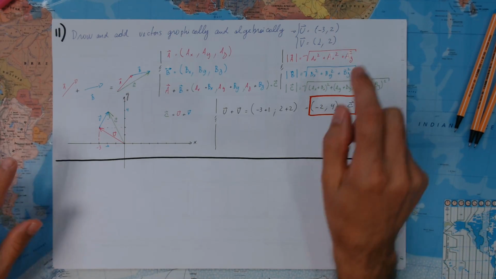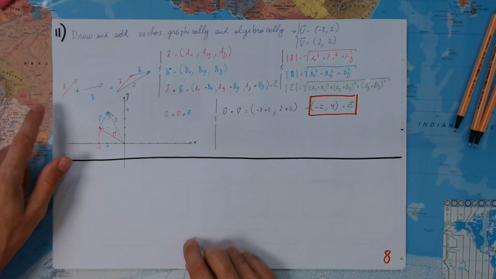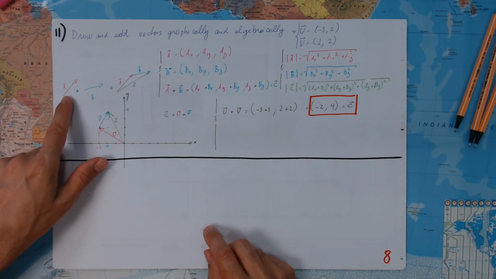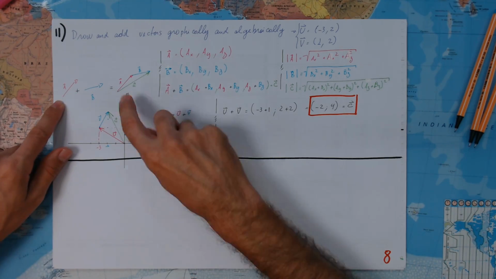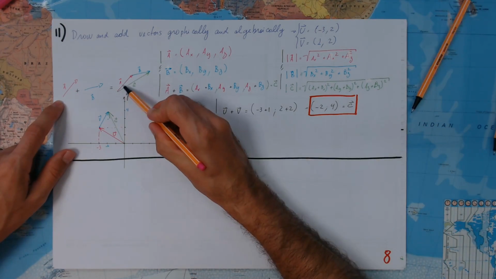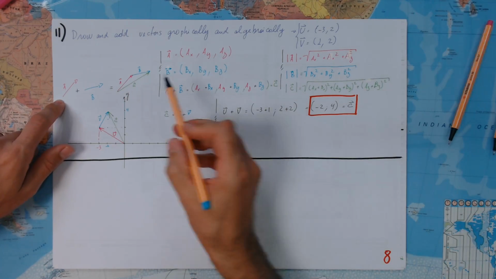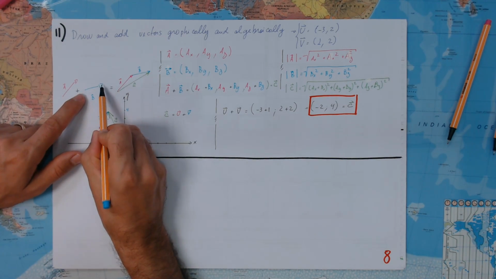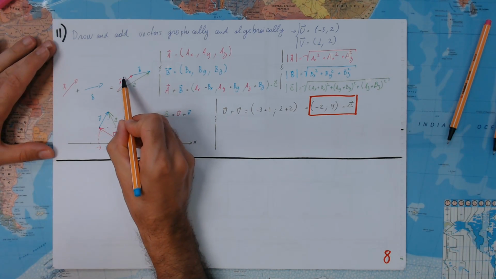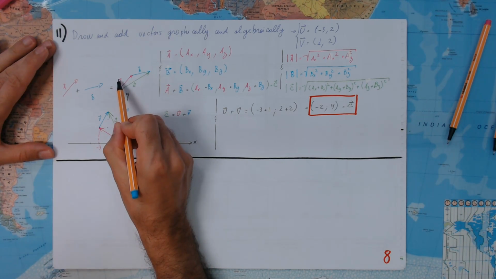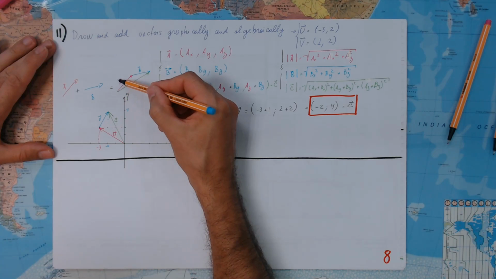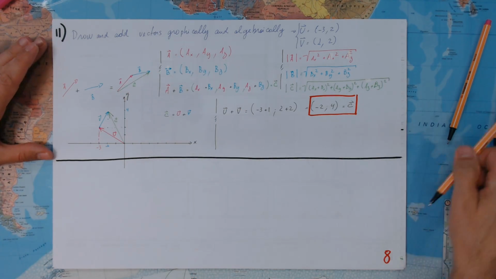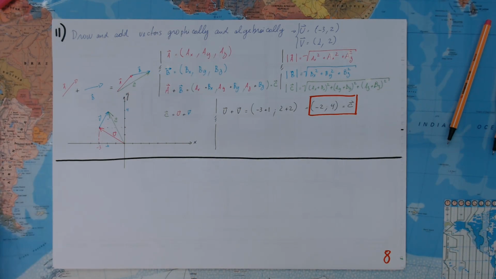How would you add a minus b? We would draw a like that, and then draw b with the same magnitude, but to the left. It would be like this. And c would be from here to here. It's very easy to deal with vectors.